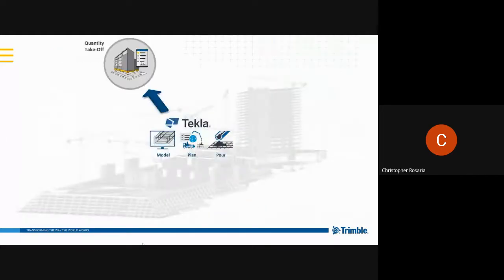So furthermore, this model, plan, and pour approach can be detailed, and this is what Jerome is going to discuss in detail, what we can do inside our Tekla solution.